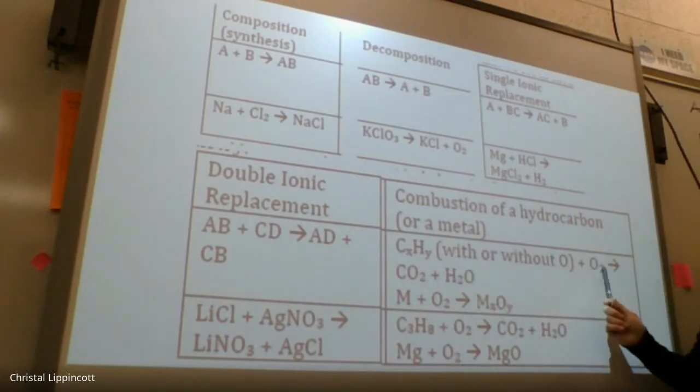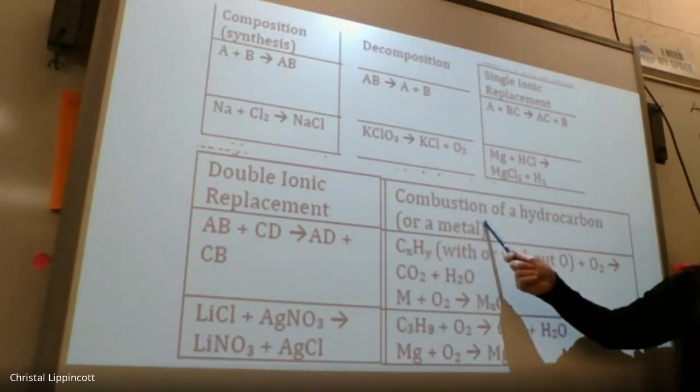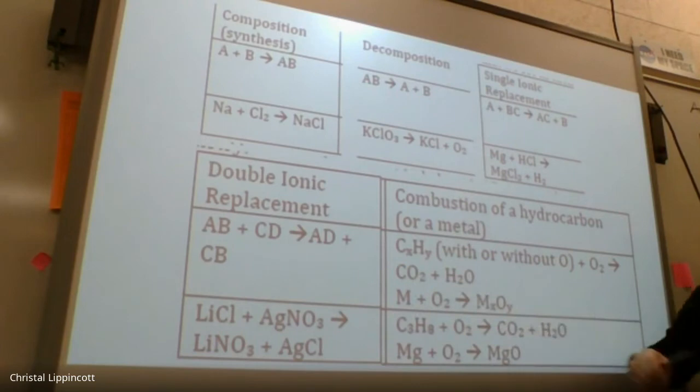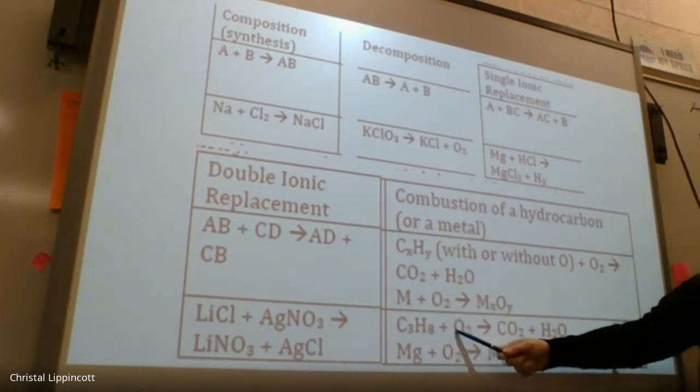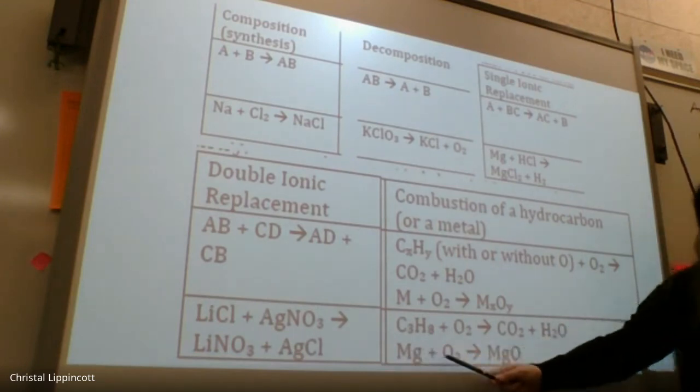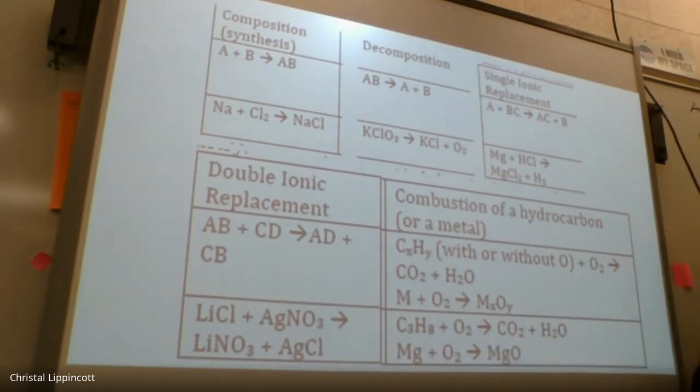And when it burns in the presence of oxygen, that is combustion. That's going to give you your CO2 and your H2O as byproducts. We also have just regular combustion that's not a hydrocarbon. So that would be like Mg and O. That would also be a combustion reaction. It's in the presence of oxygen.